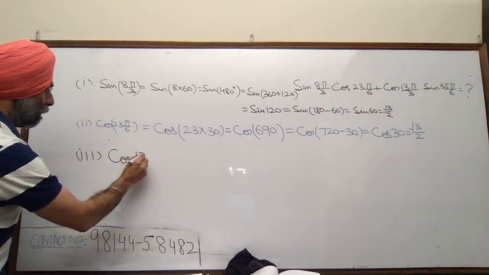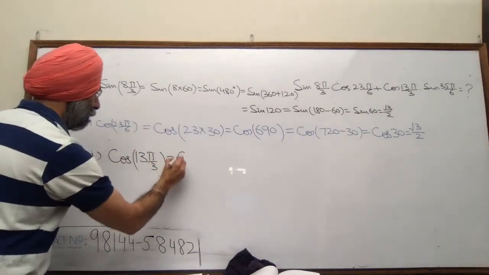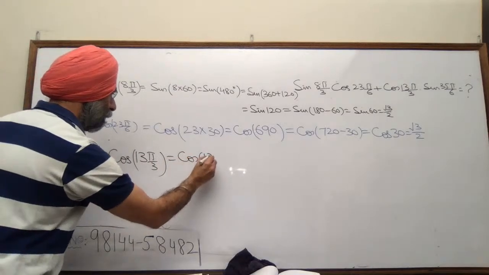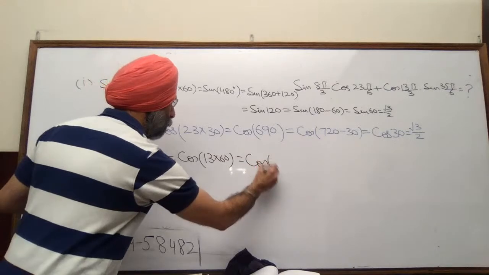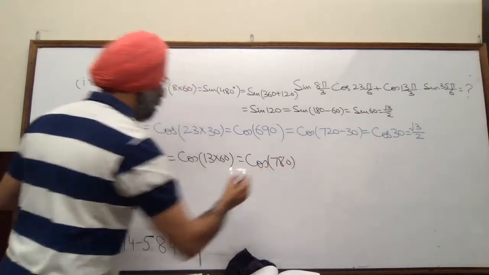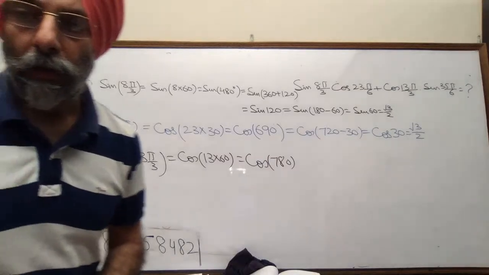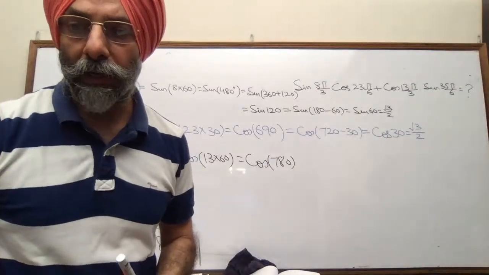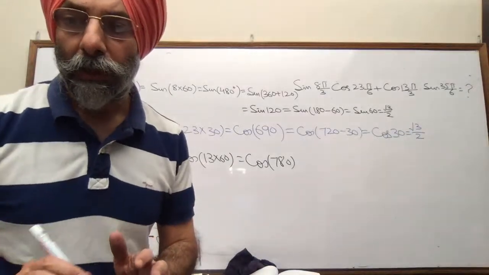Cos of 13 pi by 3. Can I write this as cos of 13 into 60, which is cos of 780 degrees? Yes, that's right. At least now you are getting the correct answer.